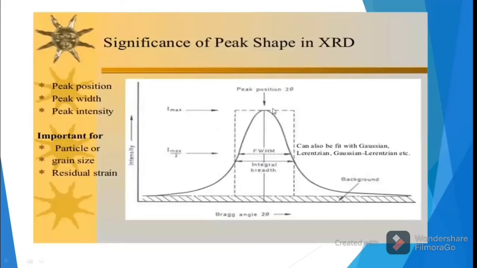Just like this, it is a single peak which we have zoomed in on for studying different parameters, and this shows the significance of the peak shape in XRD. It has a full width at half maximum, that is, the width at half intensity, and we can calculate it.